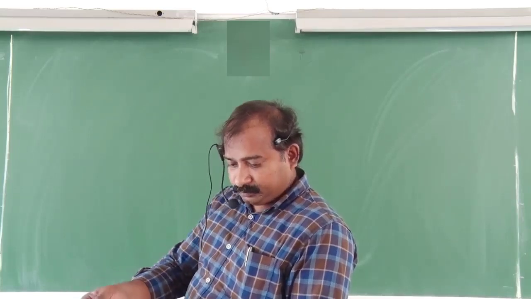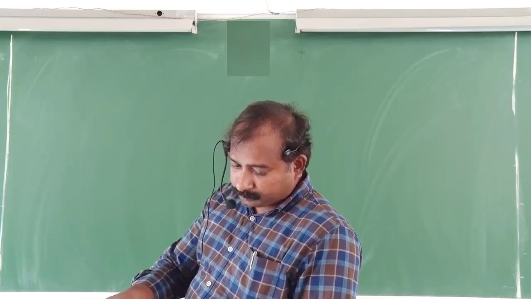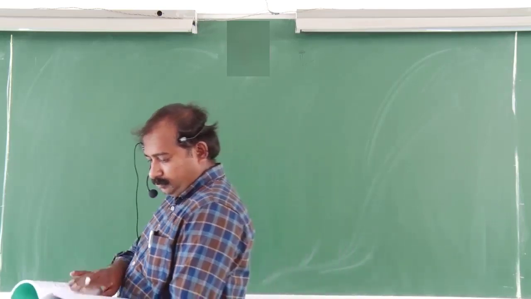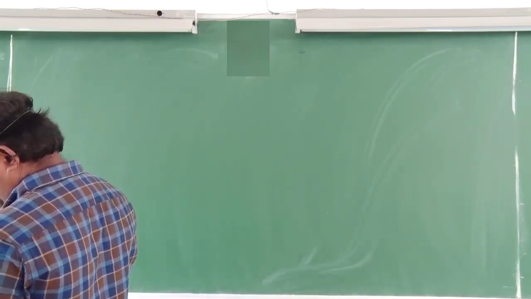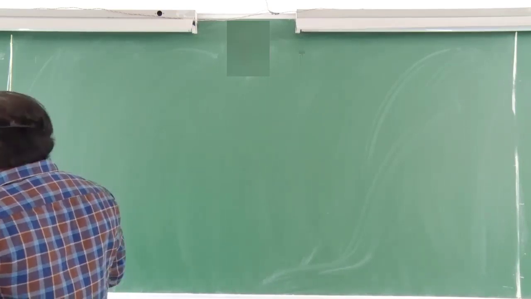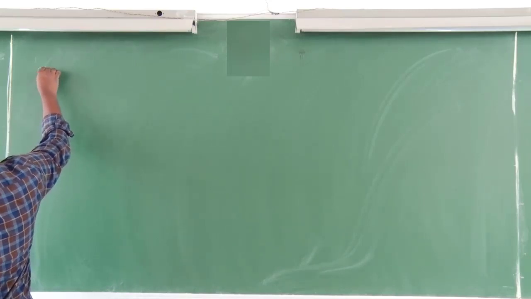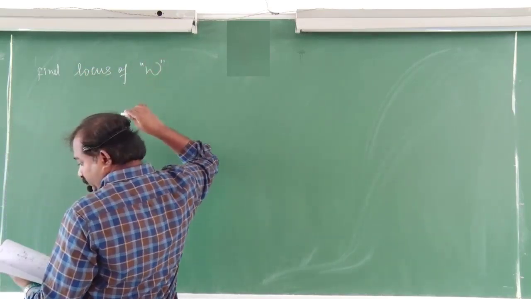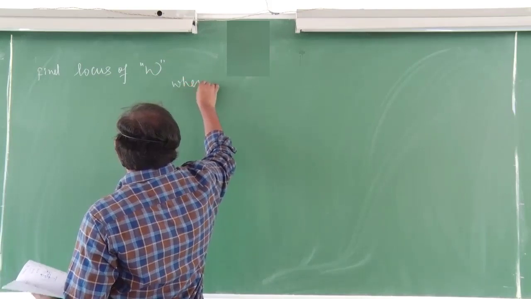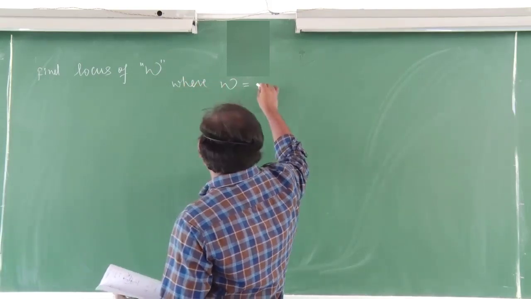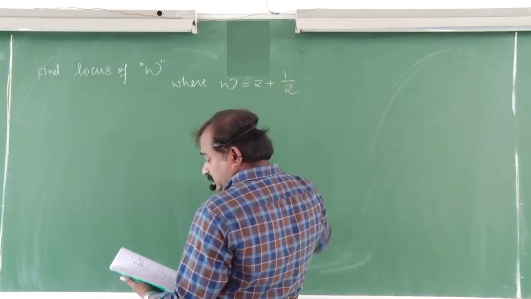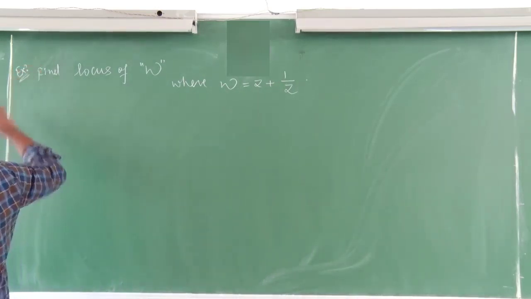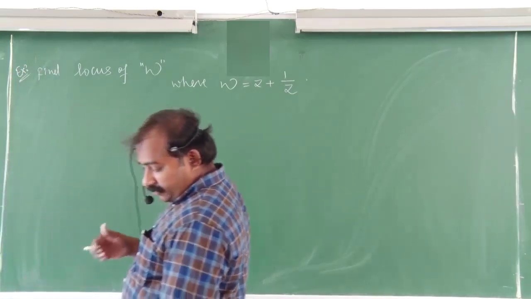Here they have given: find the locus of W, where W equals Z plus 1 by Z. This is the bit they have given.